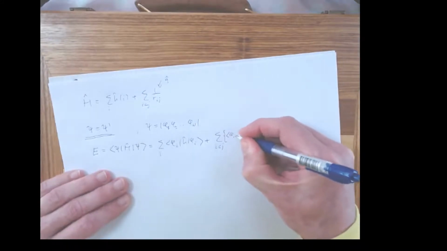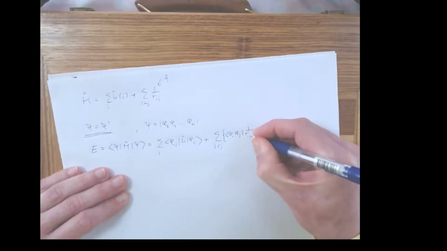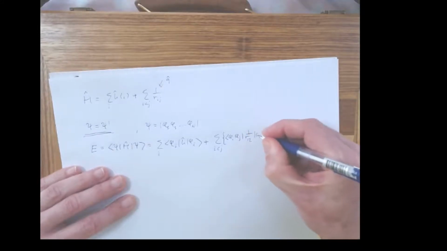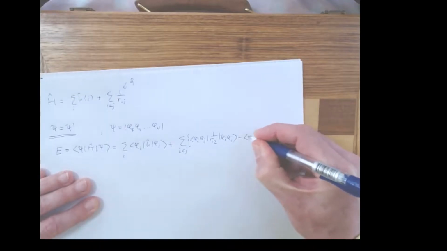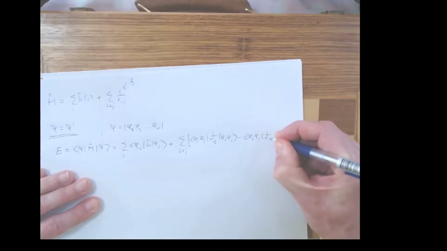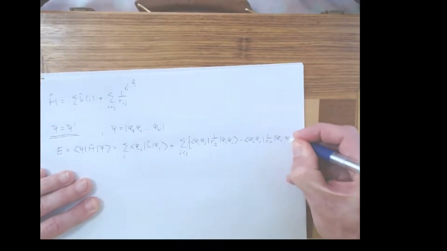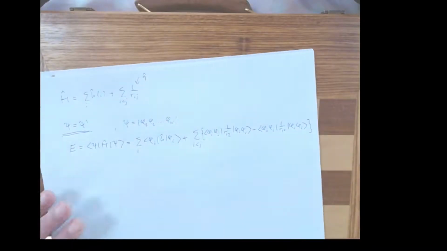I get an integral of phi_i phi_j, 1 over r_12, phi_i phi_j, and then the exchange term here, phi_i phi_j, 1 over r_12, phi_j phi_i. There you go.